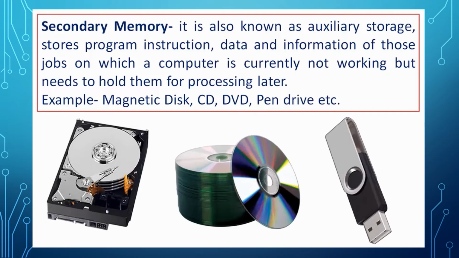Secondary memory is also known as auxiliary storage. It stores program instructions, data and information of those jobs on which a computer is currently not working but needs to hold them for processing later. Examples are magnetic disk, CD or DVD, pen drive, etc.